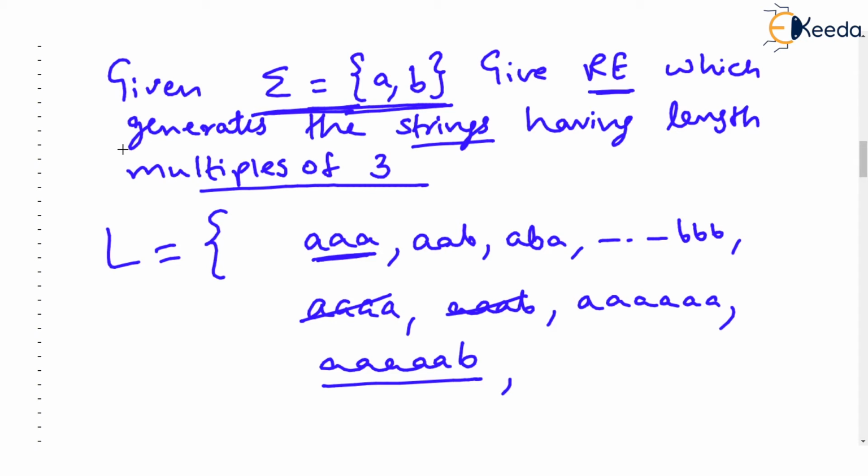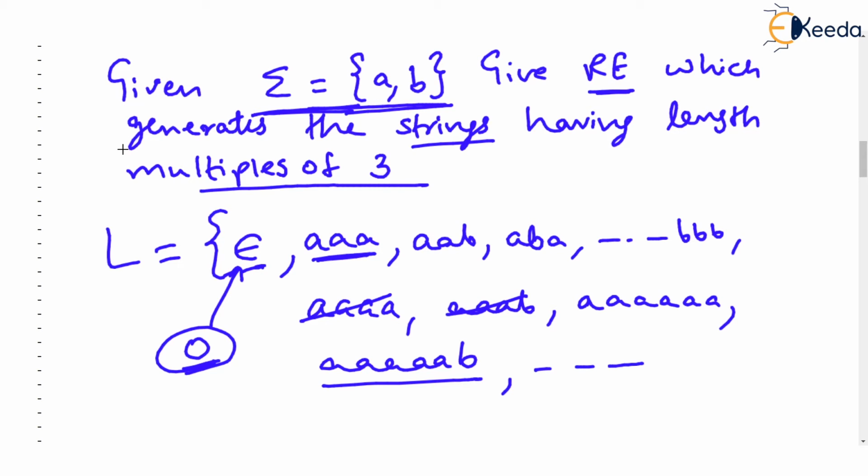So next, length 9 strings are also allowed, length 12 strings are allowed, and so on. And most importantly, epsilon is also allowed. Why? Because this is an empty string. That means it has length 0, and 0 is a multiple of 3. So we will allow epsilon also.